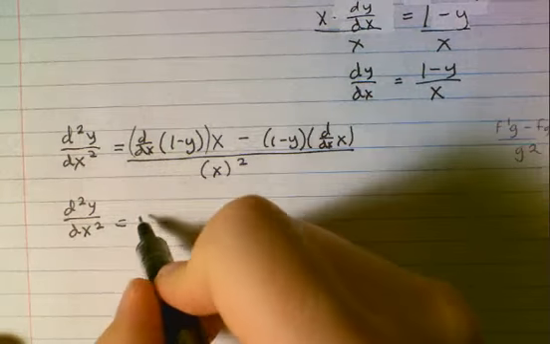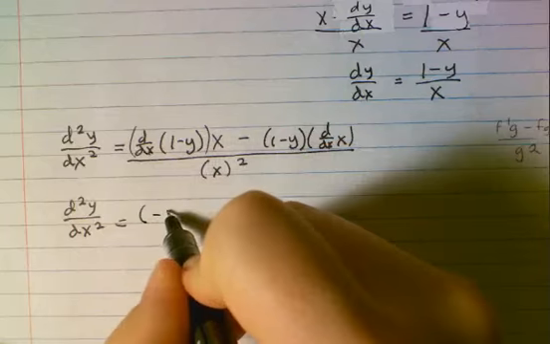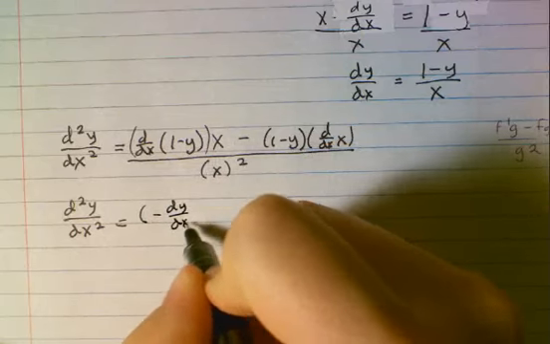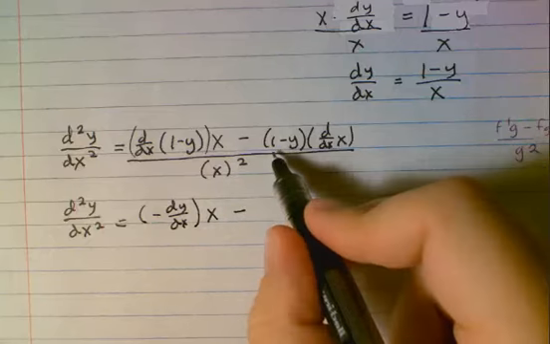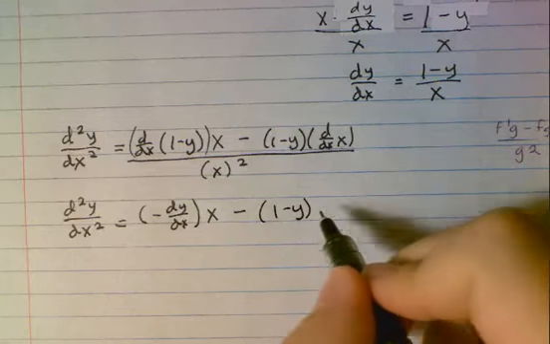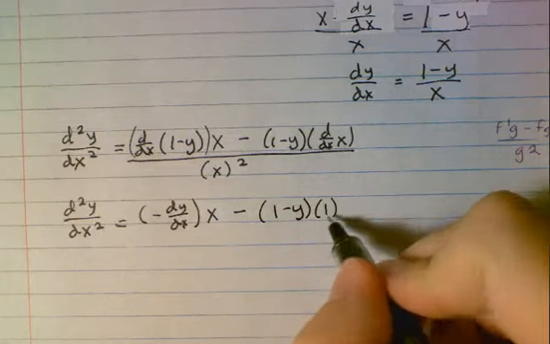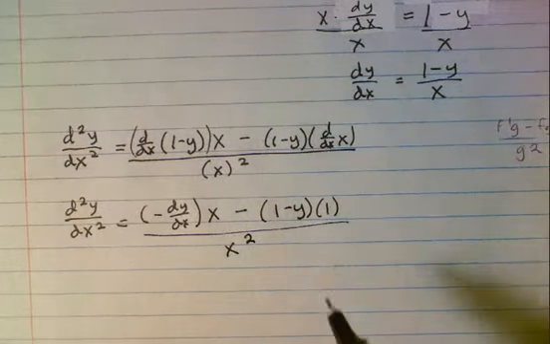The derivative of 1 is just 0. The derivative of negative y is going to be negative dy/dx. We've got that x along for the ride. We're going to subtract 1 minus y, and then the derivative of x with respect to x is just 1. It's all over x squared.